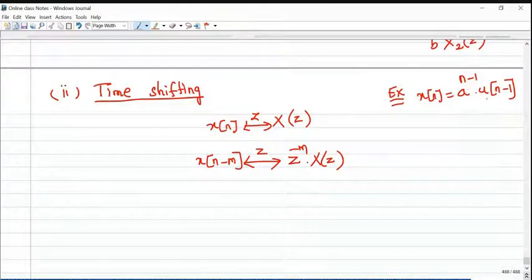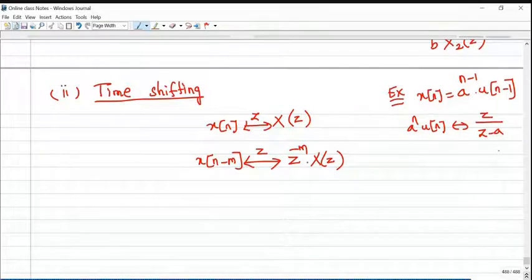A power n minus 1, u of n minus 1, find the Z transform. In this case, you can apply the time shifting property. Because we know a power n, u of n, result is z divided by z minus a, or 1 divided by 1 minus a z inverse. Both are same.